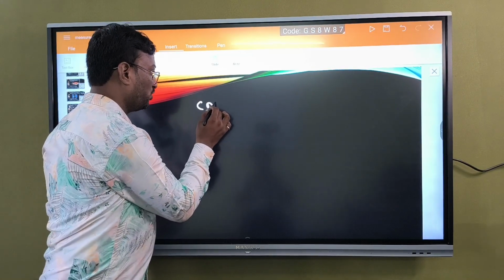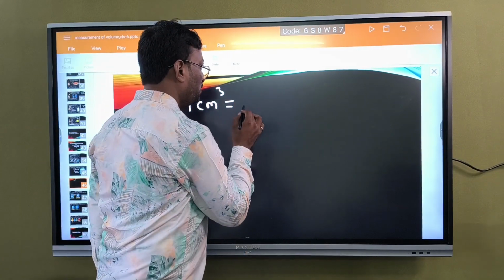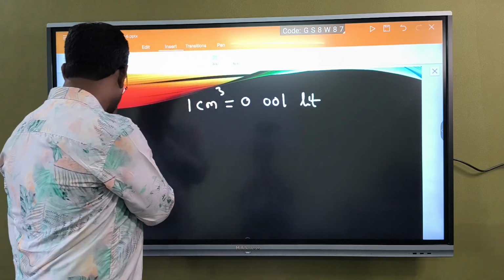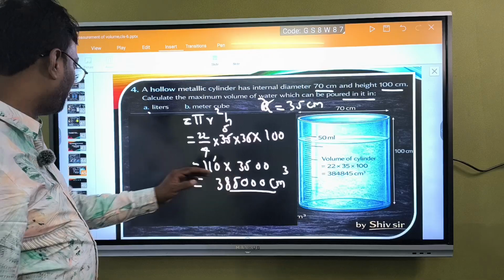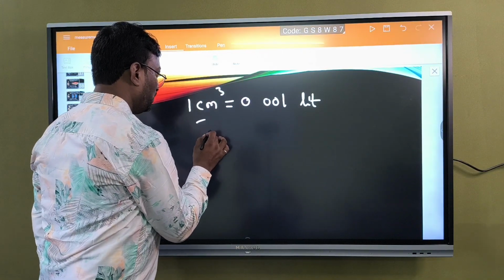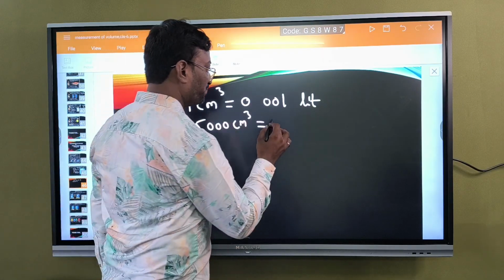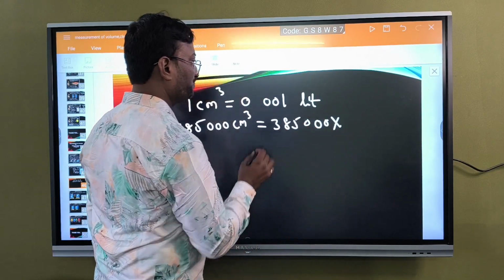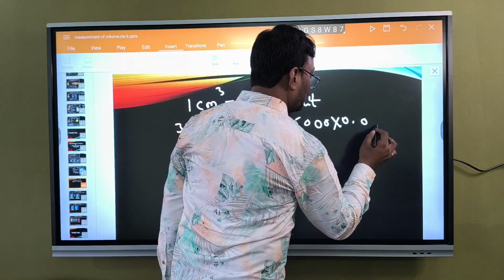1 cubic centimeter is equal to 0.001 liters. If this is the situation, we got the answer as 385,000. So 385,000 cubic centimeters is equal to 385,000 into 0.001.